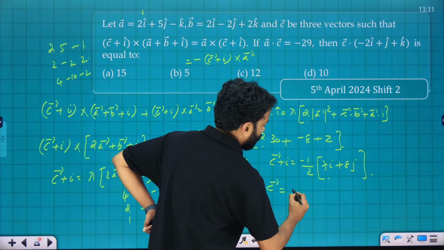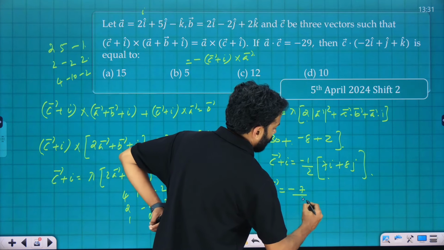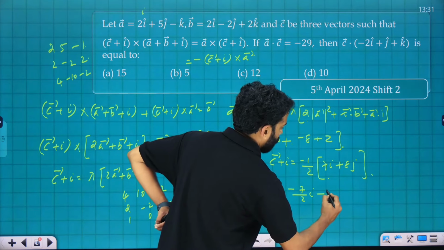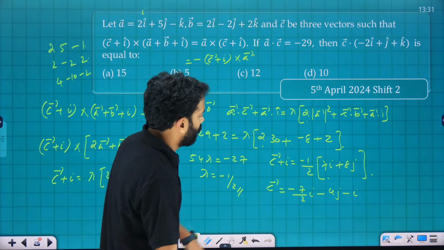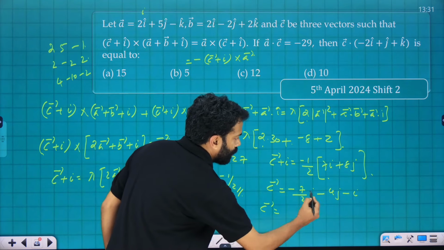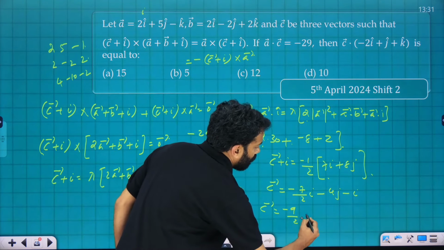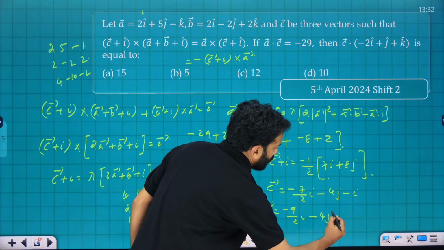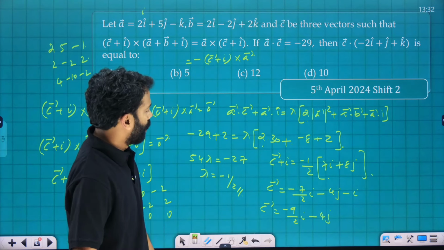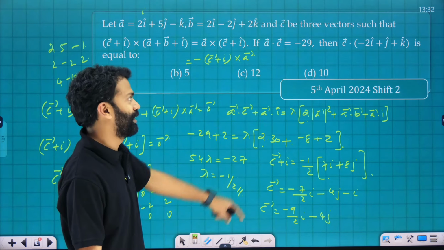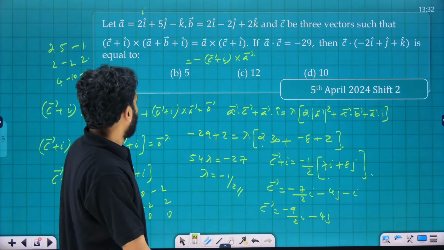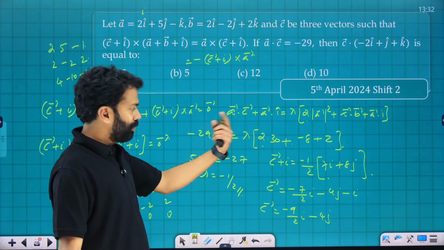That is vector C is equal to minus 7 by 2 I minus 4J minus I. So this will be vector C is equal to minus 9 by 2 I minus 4J. That is into 2I minus 2I plus J plus K. I think it will be better if you move to the next slide.